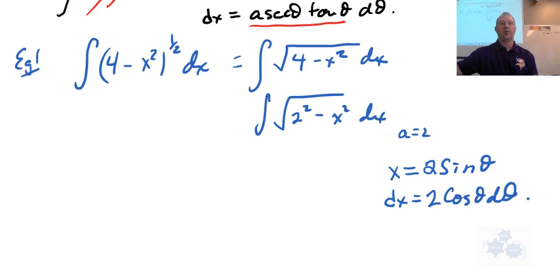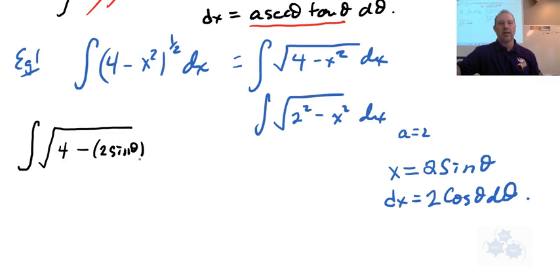So let's go back over here. I'm going to change colors here now, and we're going to do the integral of. Okay. So we're going to have, really, you can write this as 2 squared if you want, or 4. I'm just going to write it as 4. Minus, now x is going to be 2 sine theta, and that's going to be all squared, with respect to x. Everyone see that? x equals a sine theta, or 2 sine theta.